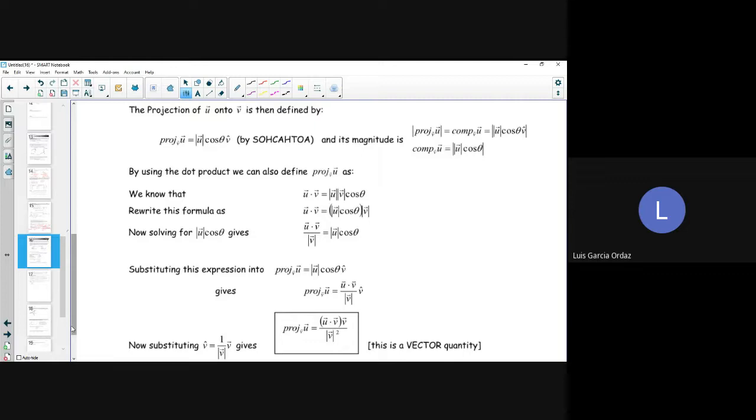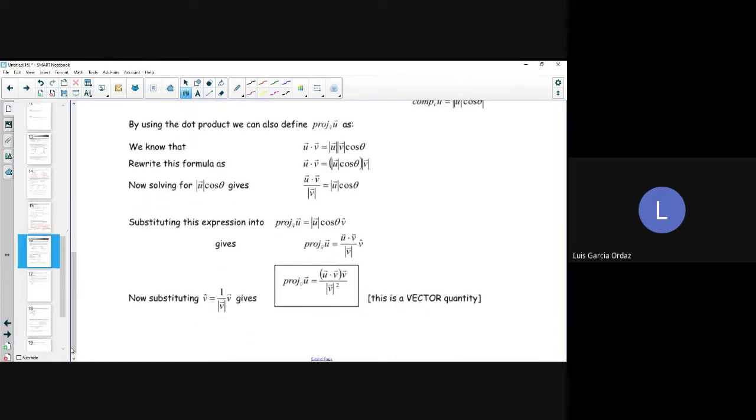Now, if we substitute our unit vector concept from, I think, the second lesson, we know that the unit vector is just 1 over the magnitude of that vector times the vector itself. So the projection of u onto v is equal to u dot v times vector v over the magnitude of v squared.